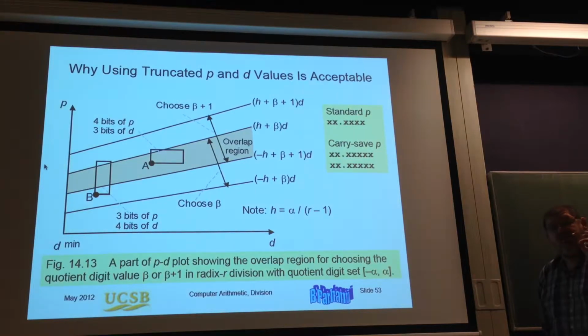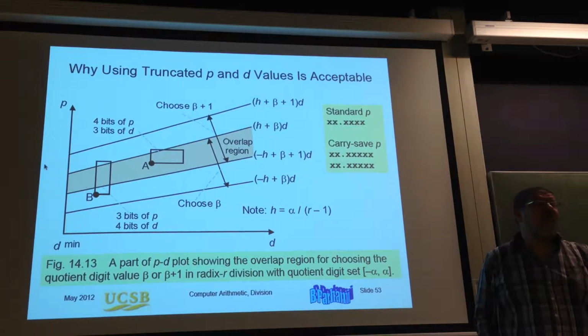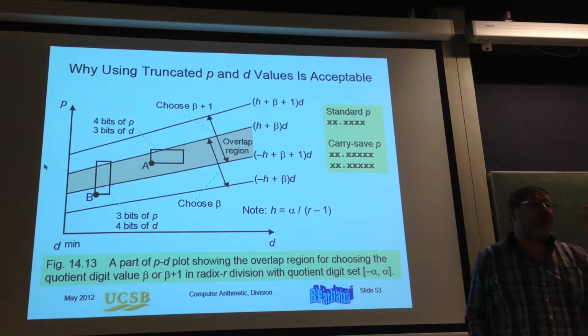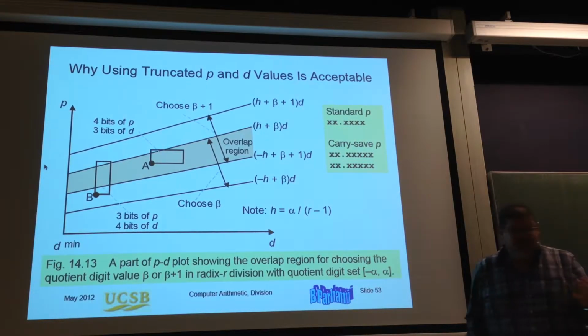And due to this freedom, you can count on an evaluation of the partial remainder, not on the precise calculation. And as you see here, due to the fact that you do an evaluation, your partial remainder is actually at this point, but it can be anywhere in this box, or anywhere in this box.